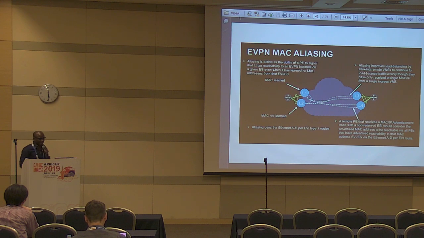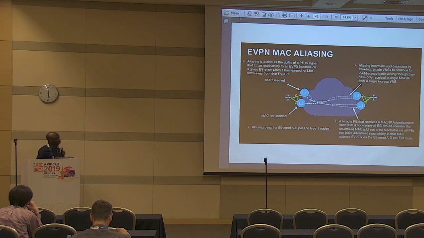Aliasing, EVPN MAC aliasing. Aliasing is defined as the ability of a PE to signal that it has reachability to an EVPN instance on a given Ethernet segment, even though it hasn't learned any MAC addresses.